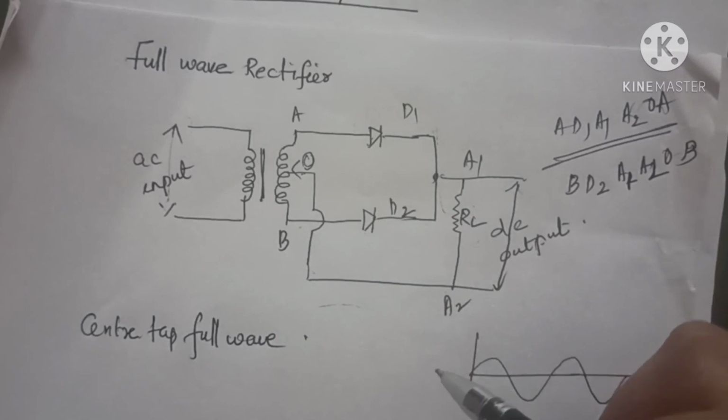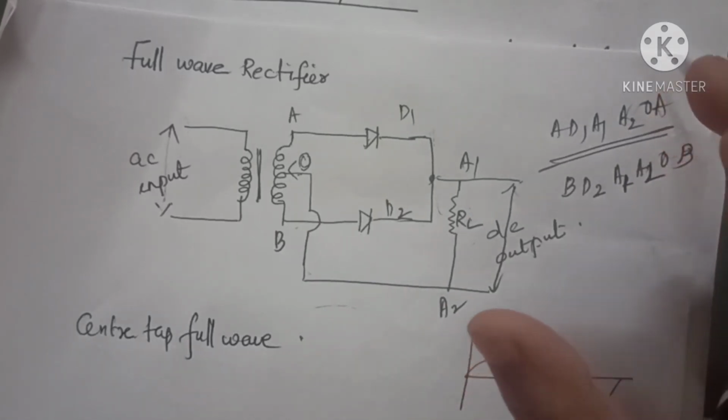So this is the path through which the current conduction is possible.